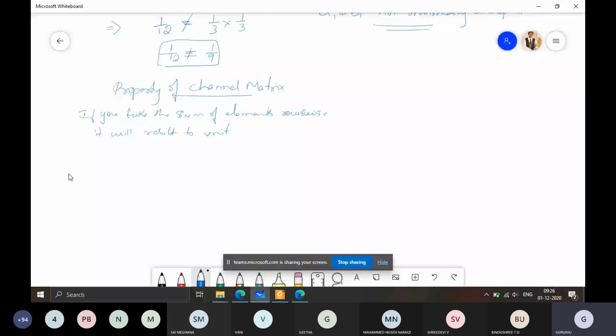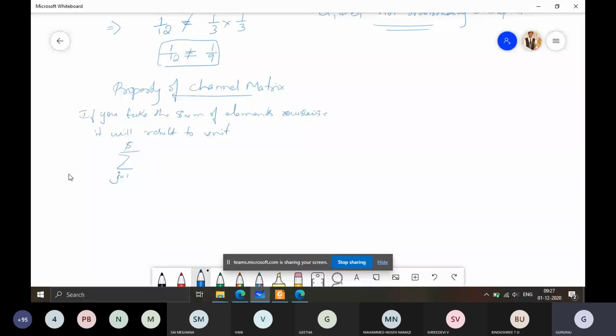So what is the formula? Summation i is equal to 1 to R, P of Ai is equal to 1. Is it i is equal to or j is equal to? J is equal to 1 to S, P of Bj by Ai is equal to 1. Yes, it is j equal to 1 to S because you are taking the sum of the elements in a row.